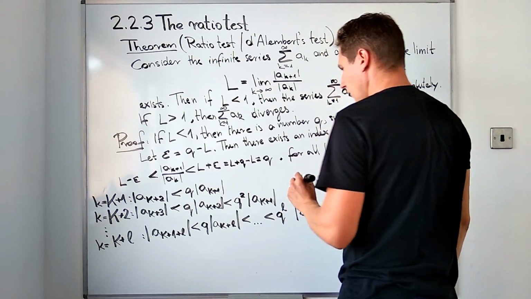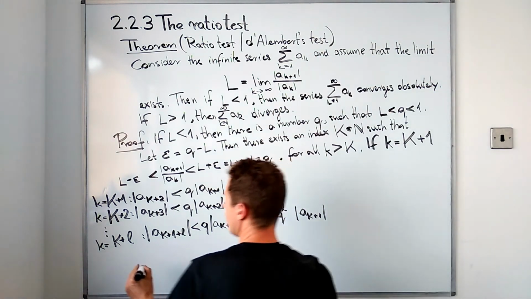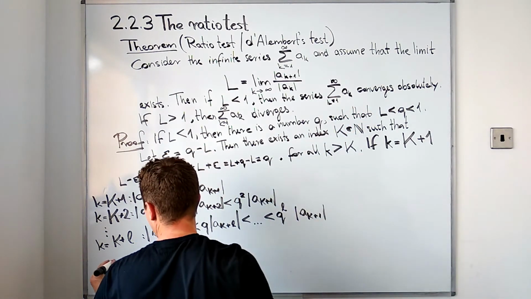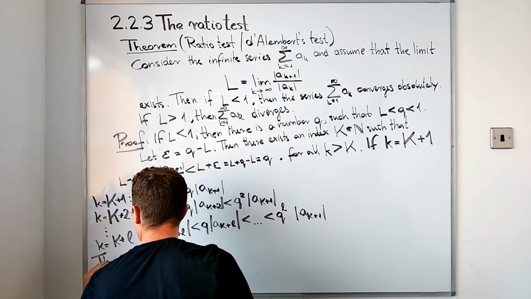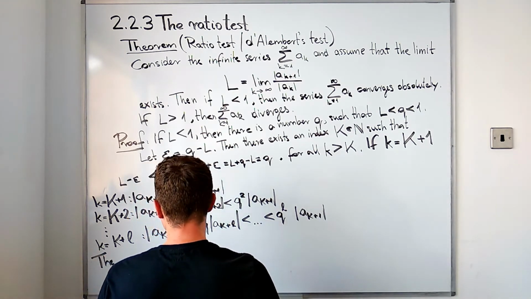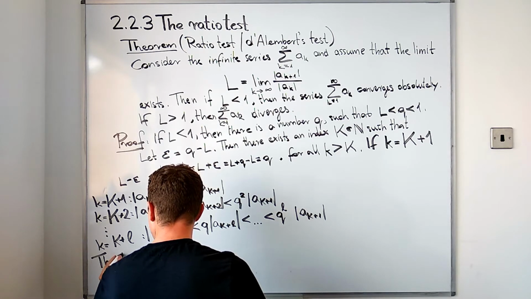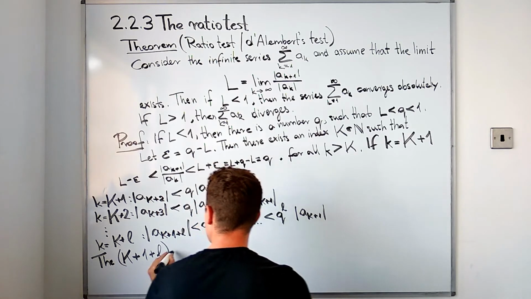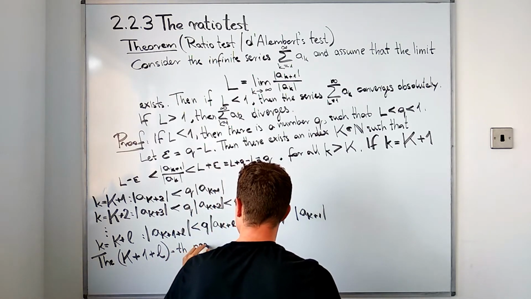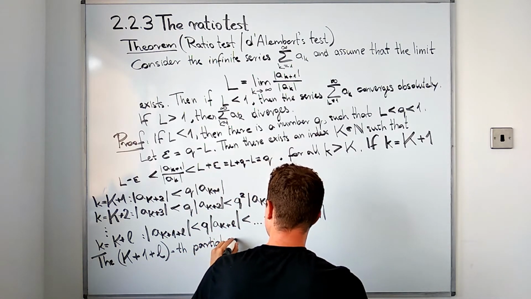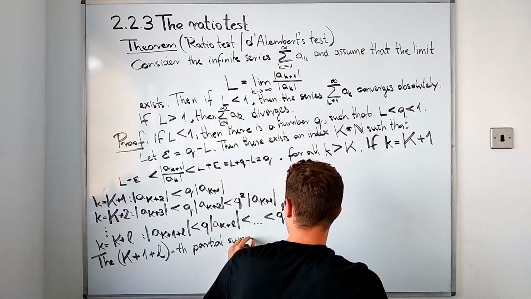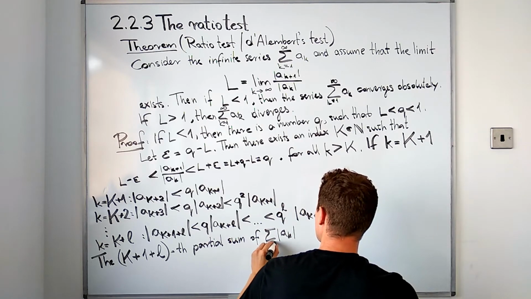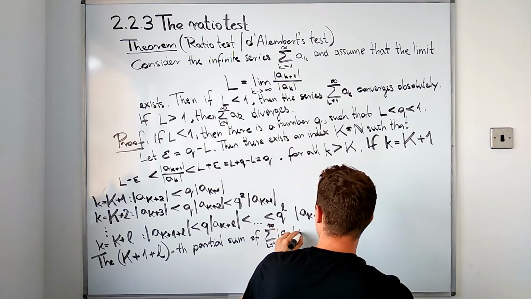Okay, so if we go back and look at our original sequence, so now if we take a look at the absolute values of a_k summed up, namely we look at the K plus 1 plus Lth partial sum of this infinite series, it will then be the following.